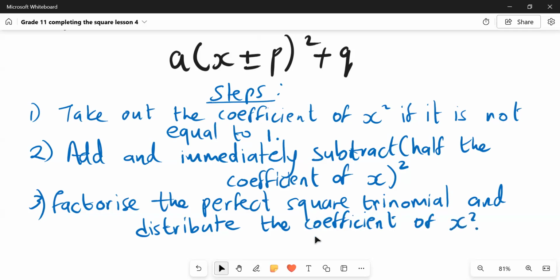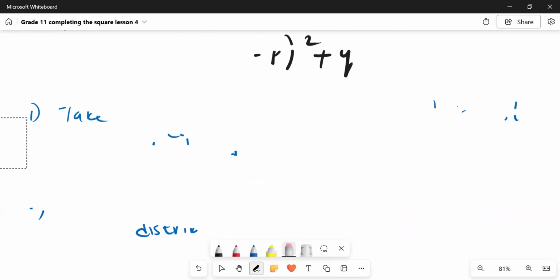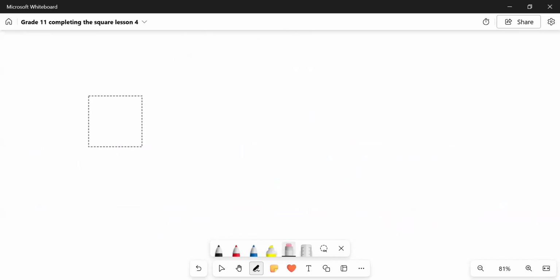So factorize the perfect square trinomial and distribute the coefficient of x squared. Again, these steps are not difficult. I will just show you how to apply these steps when it comes to the examples. Now let's move to example one.